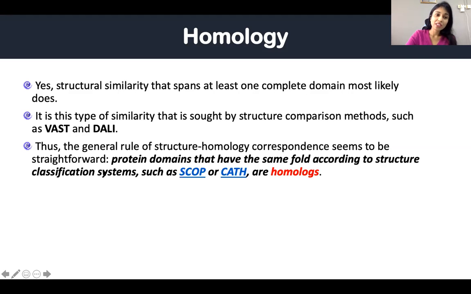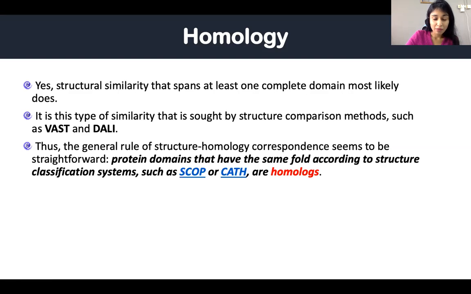So they have software for it. They have VAST and DALI. So they actually use structure comparisons to study protein function. Okay, so thus the general rule of structure-homology correspondence seems to be straightforward.